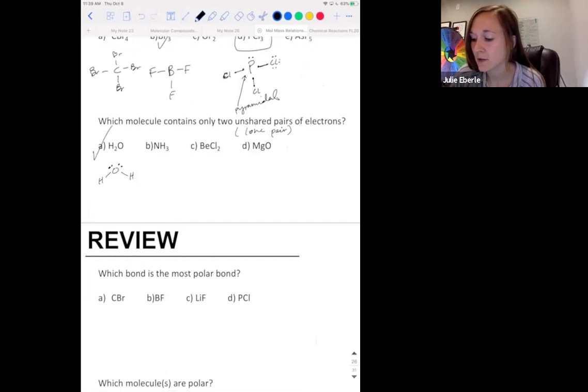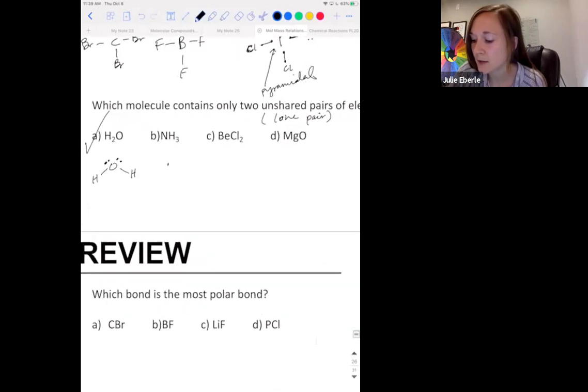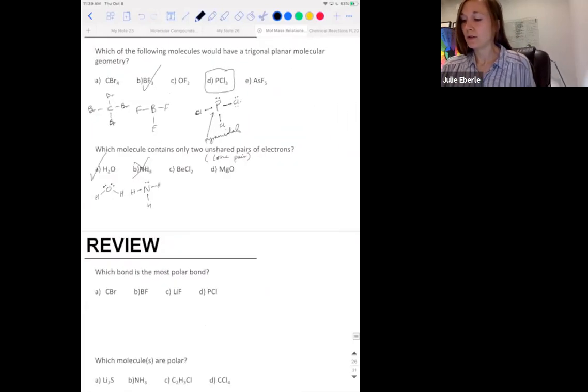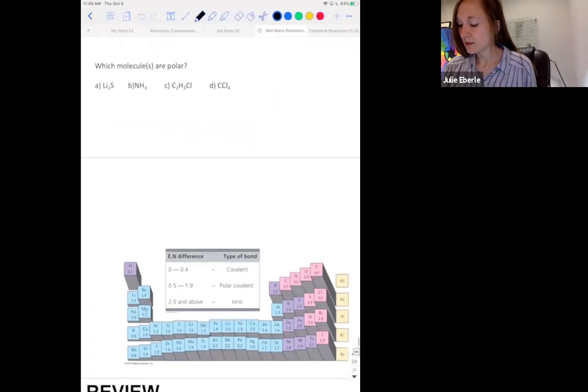Let's look at these other ones though. Nitrogen with 3 hydrogens. Nitrogen is just like phosphorus. It starts out with 5 valence electrons. 3 of those will be bonded to the hydrogens, and we have only 1 lone pair here. So not ammonia, not NH3. BeCl2. Sometimes I forget where beryllium is. Oh, it's main group 2 right here.